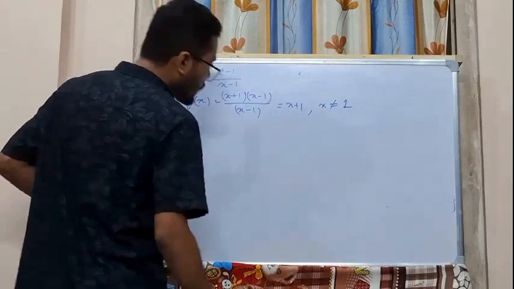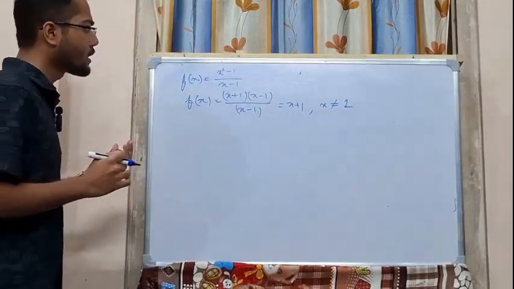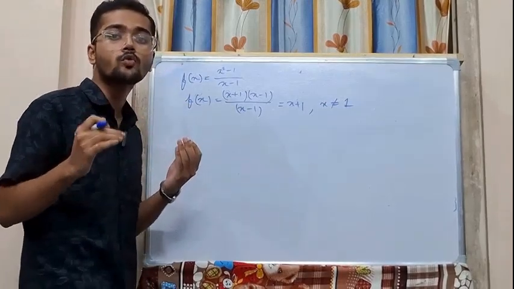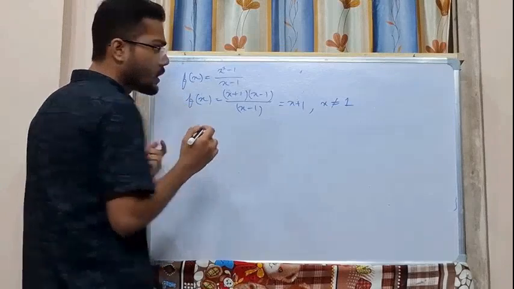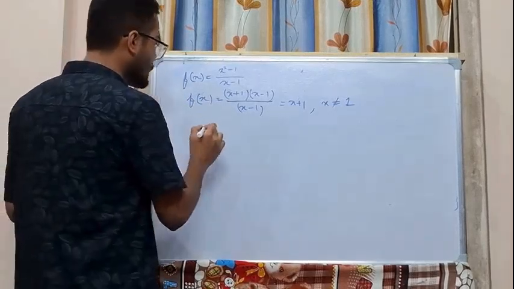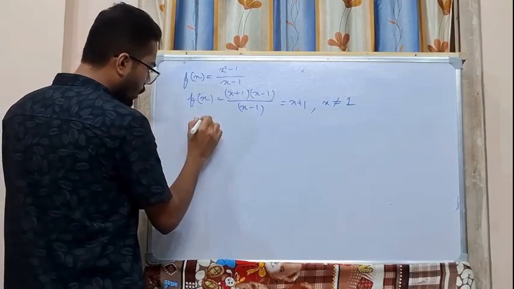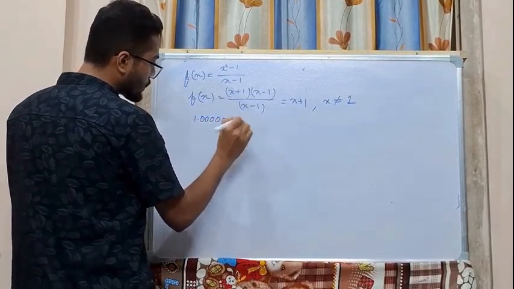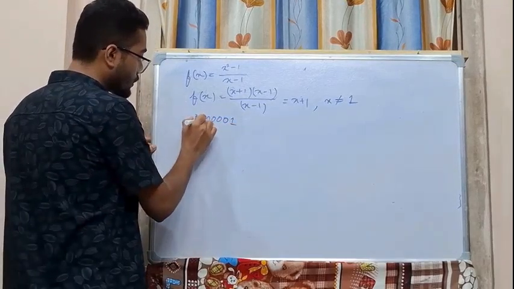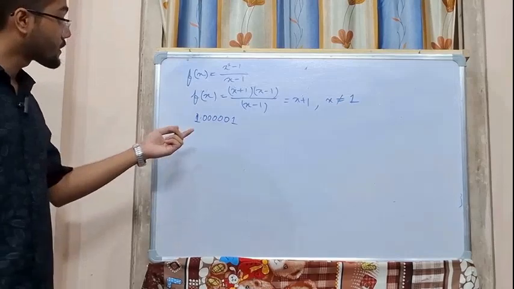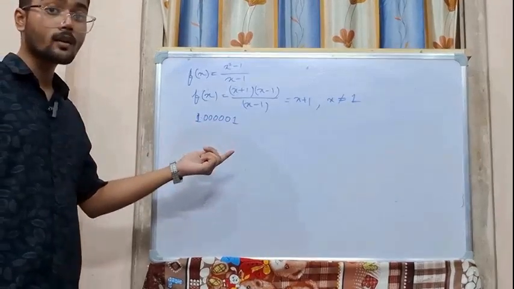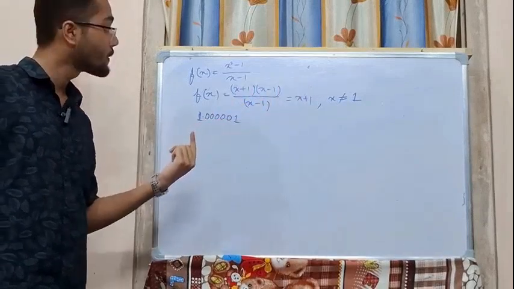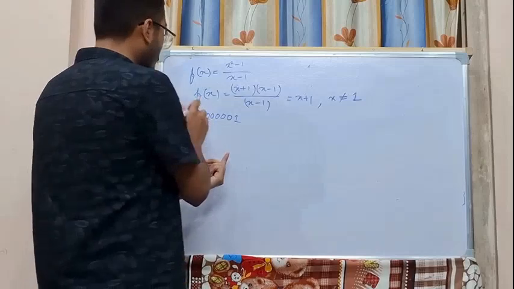Now let us consider x is very close to 1. This will be 1.000001. This is approaching 1 from which side? From the right side, the positive side.